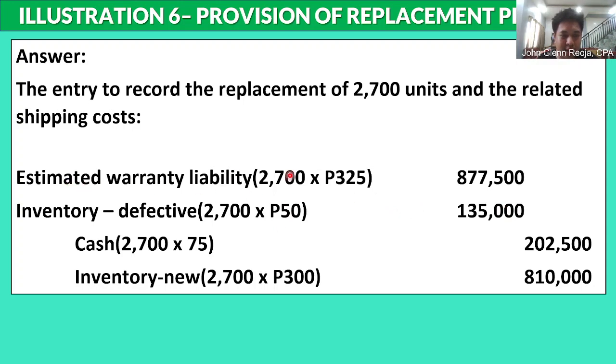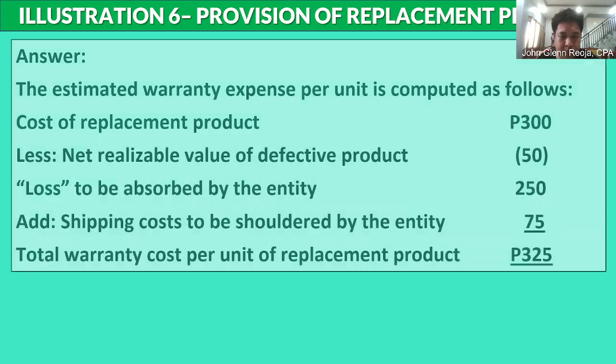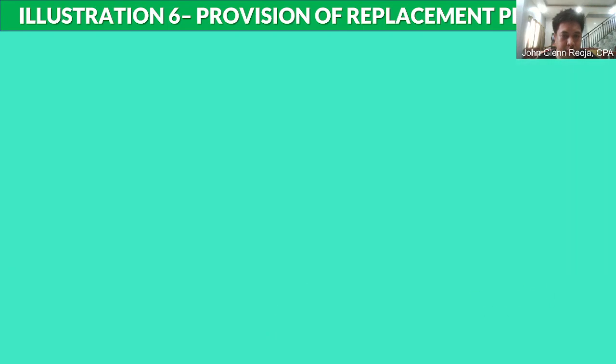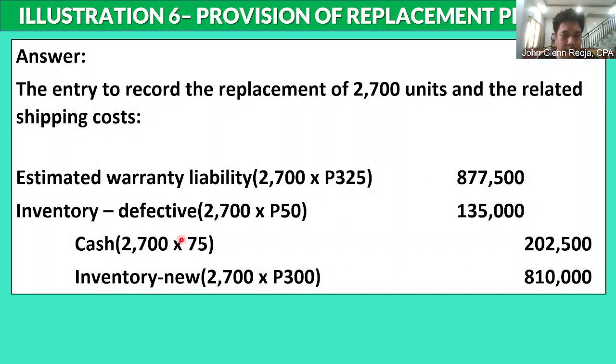And then, we debit the estimated warranty liability, based on the computation of 325. This one, inventory is at LCNRV, so the NRV is 50, so multiply by the NRV. Okay. This would be the journal entry.